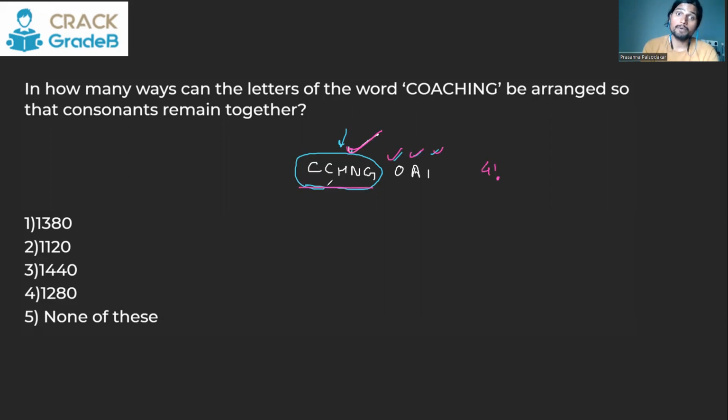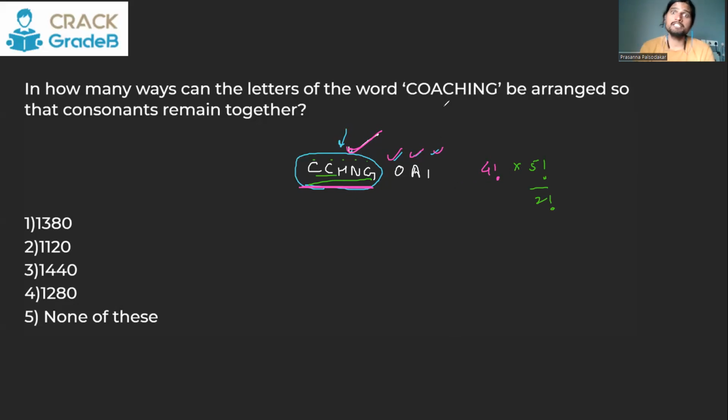But within the row, these C, C, H, and G can also be arranged. That means how many different words you can make out of C, C, H, and G. So it is exactly like that assassination question. So what you do is 5 factorial, because there are 1, 2, 3, 4, 5 letters, but you have to divide it by 2 factorial because C is coming twice.